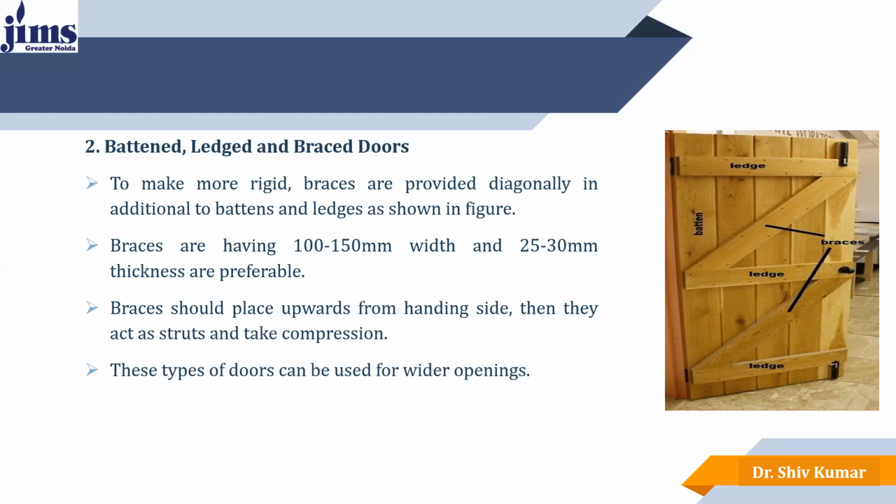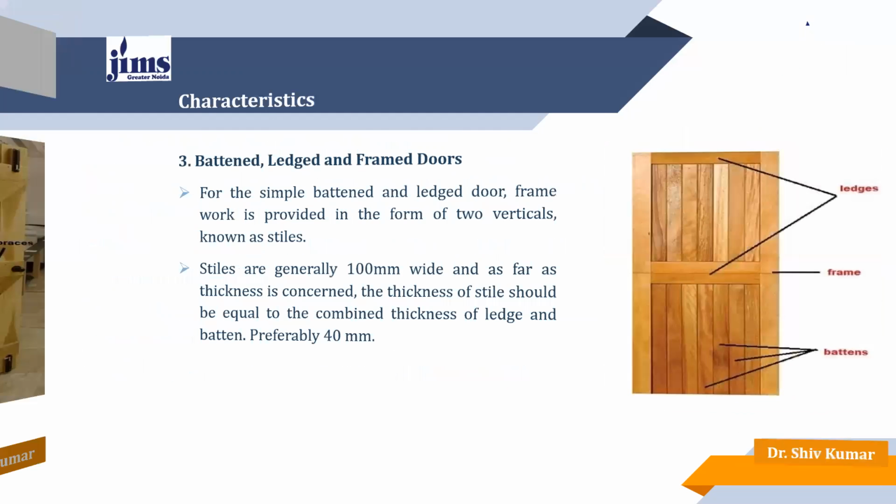Braces having 100 to 150 mm width and 25 to 30 mm thickness are preferred. Braces should be placed upward from the hanging side, then they act as struts and take compression. These types of doors can be used for wider openings.